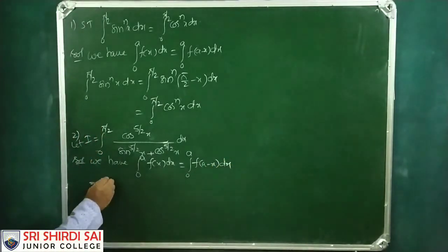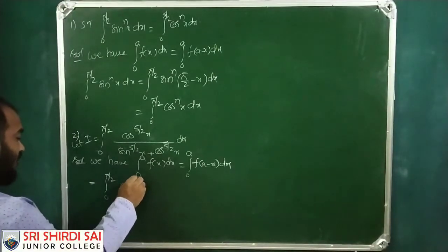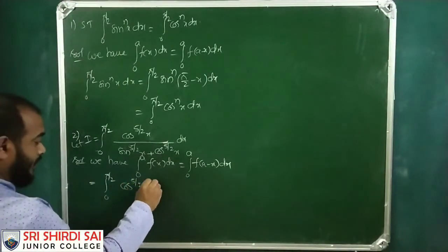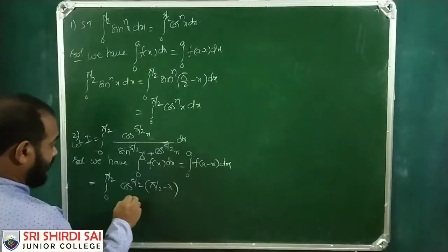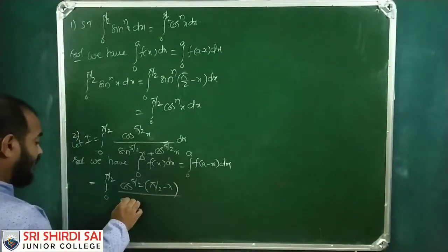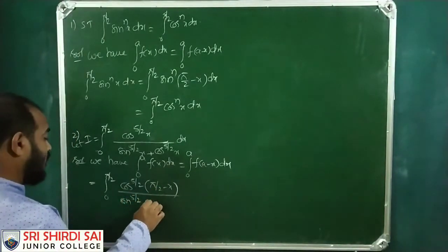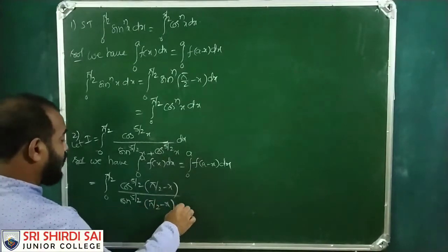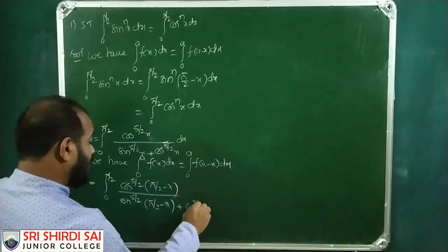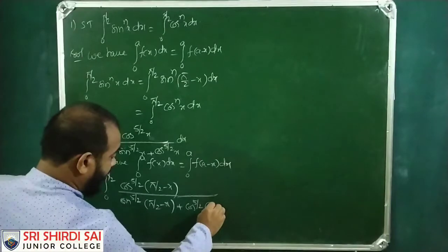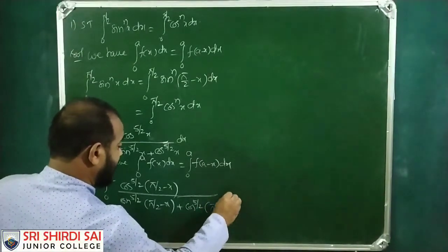So this equals the integral from 0 to pi by 2 of cos power 5 by 2 of pi by 2 minus x, by sin power 5 by 2 of pi by 2 minus x plus cos power 5 by 2 of pi by 2 minus x dx.